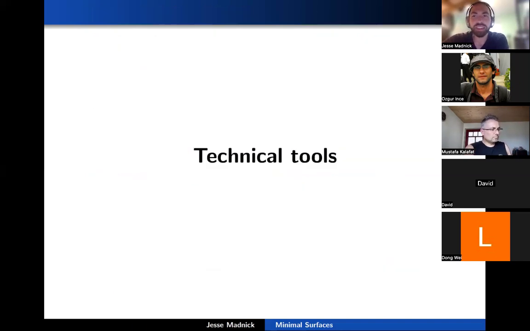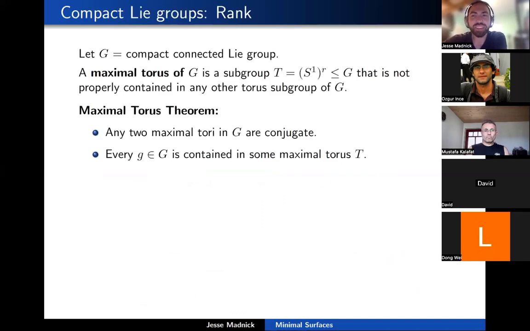But to execute all this, we need quite a bit of input. So first of all, let's review very briefly a few aspects of Lie groups and representation theory. Let G be a compact connected Lie group.